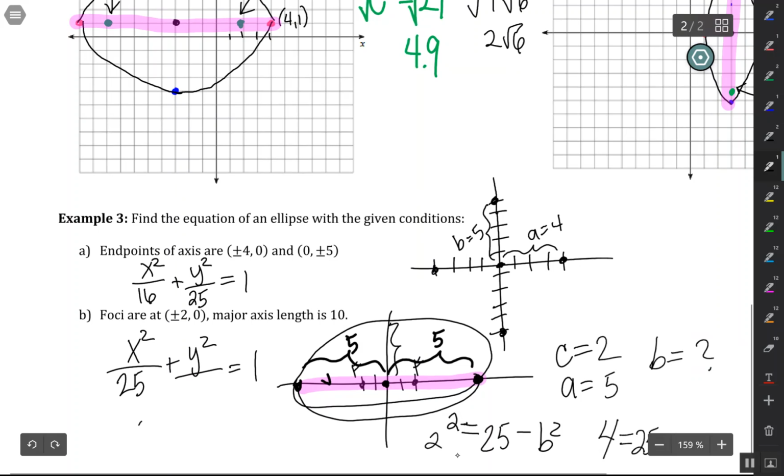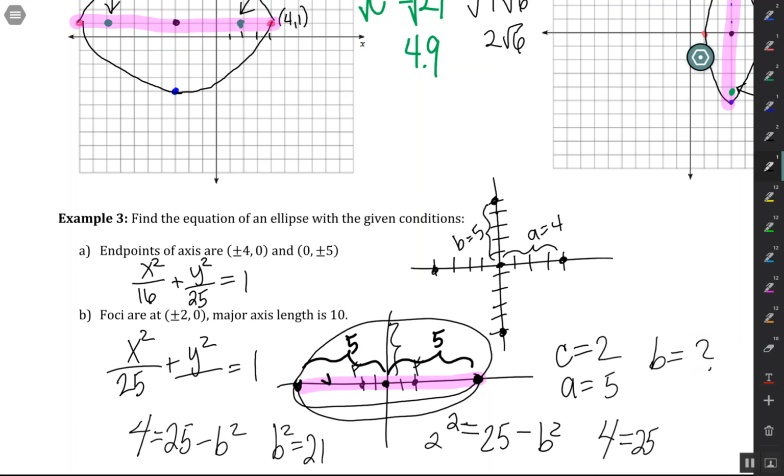Let me write it over here. So that tells me that b squared is 21. And that's all I really need to know. I don't need to square root it because b squared goes here, so just put the 21 there and you're done. All right, that is it.